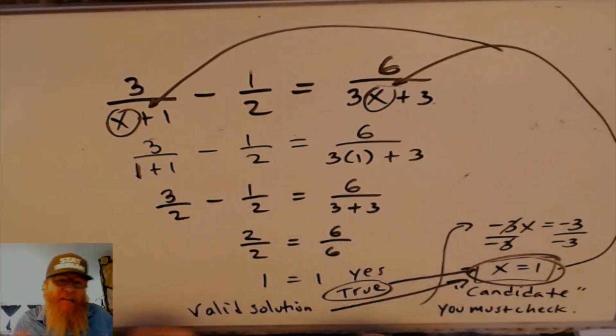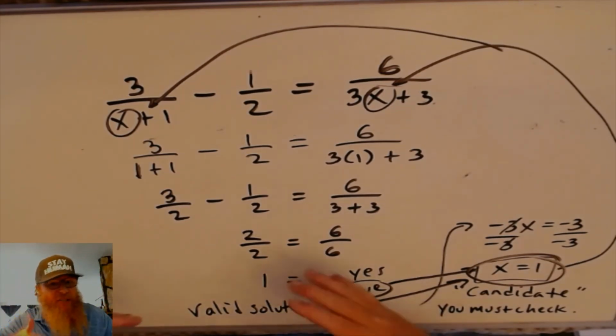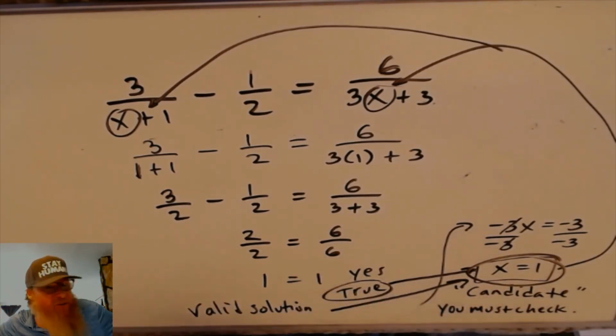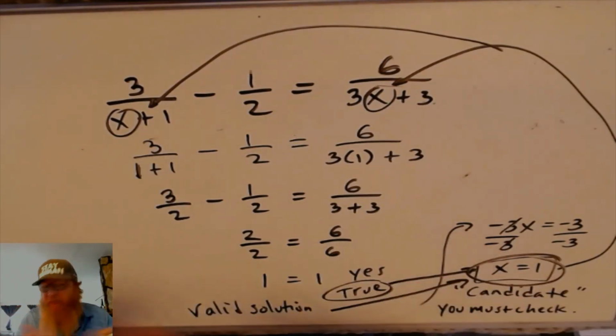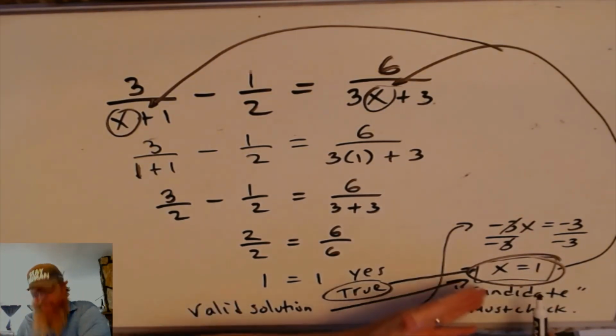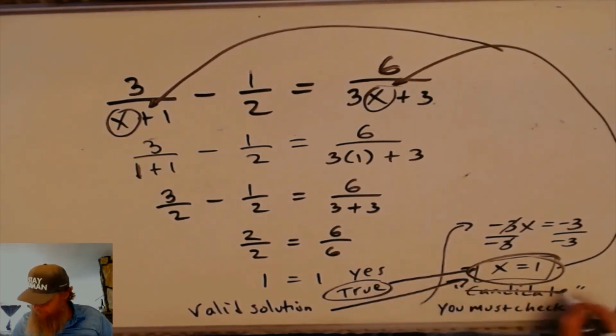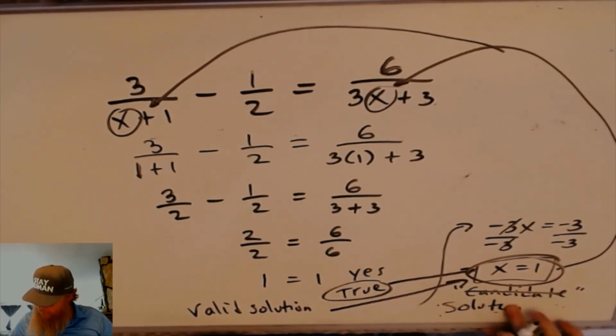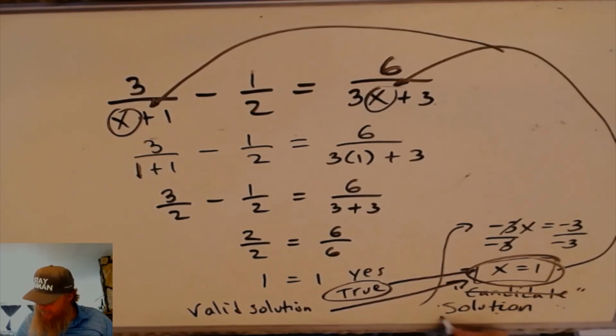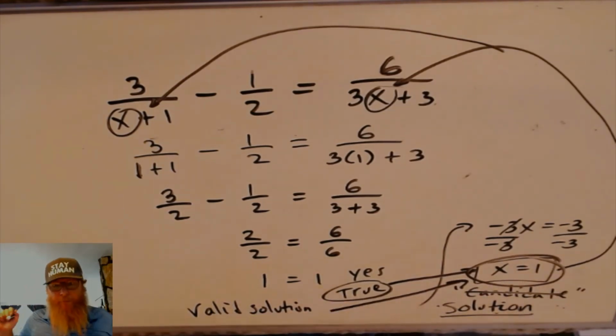A false statement would be like 5 over 0 equals 6 or something like that, or 3 plus 2 equals 9, some kind of false statement that just does not make any sense. So this is a true solution. Good. So a solution is a candidate that is true. That is a real solution.